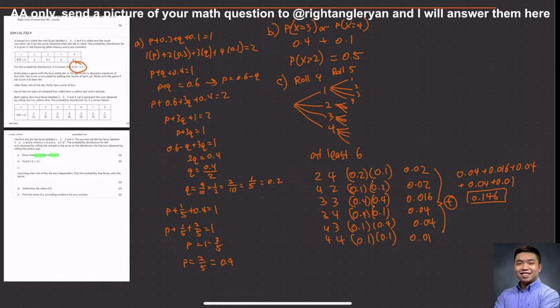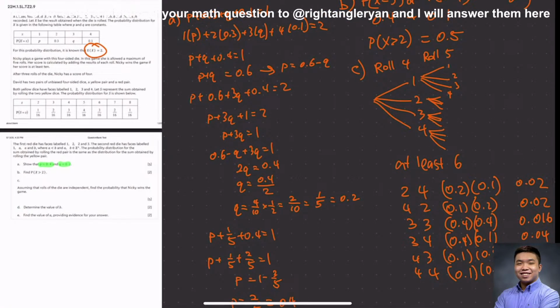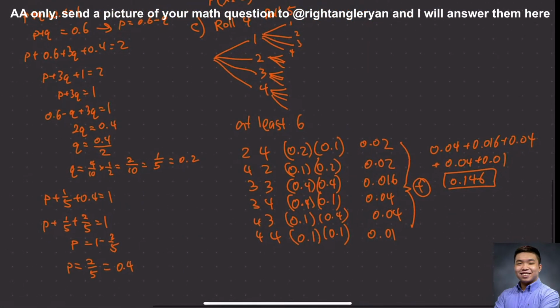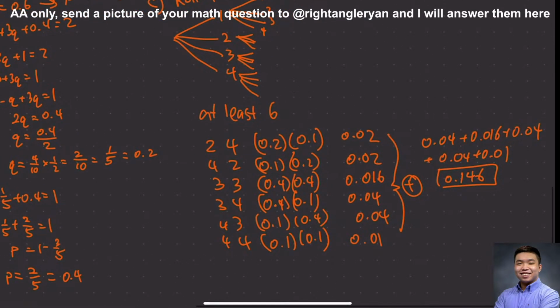Okay. Part D. Oh, did I put a 0 too much? 0.4 times 0.4. Oh yes, 0.16. Sorry. 0.16, good. So we change this to 0.16, and the total becomes 0.29.